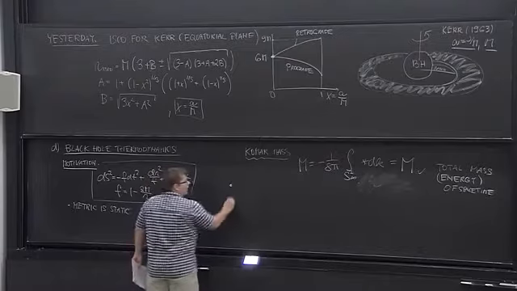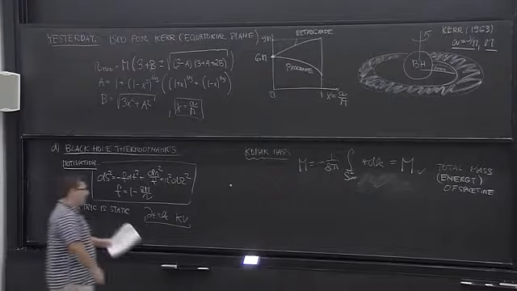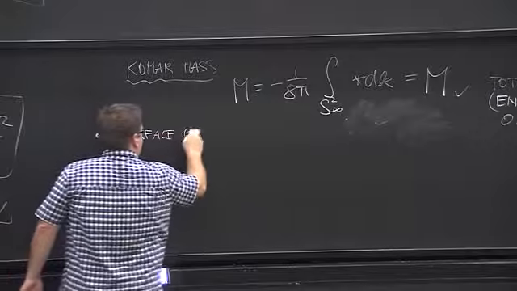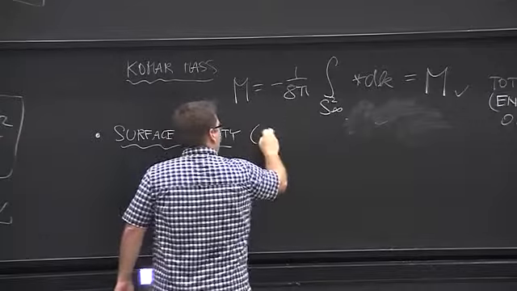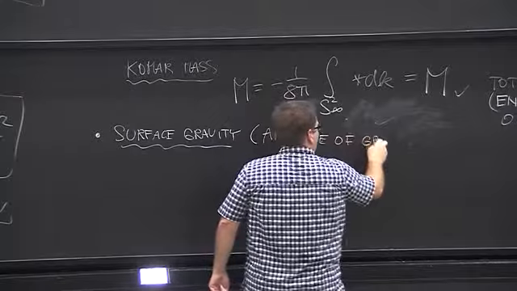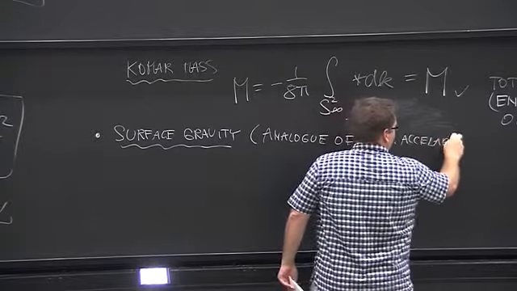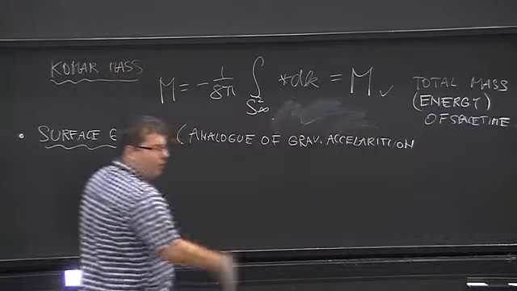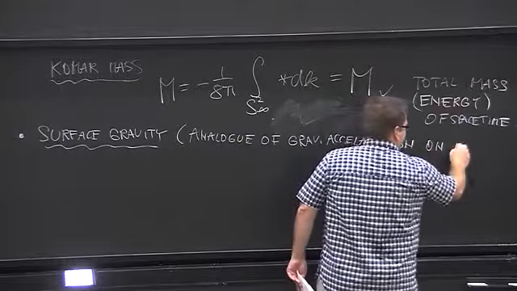Then another quantity which may be a little bit counterintuitive is the surface gravity, which is, if you want, an analog of Newtonian gravitational acceleration on the black hole horizon.